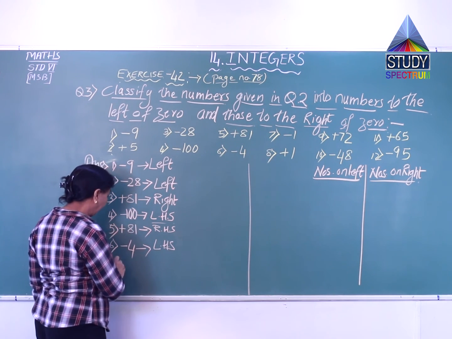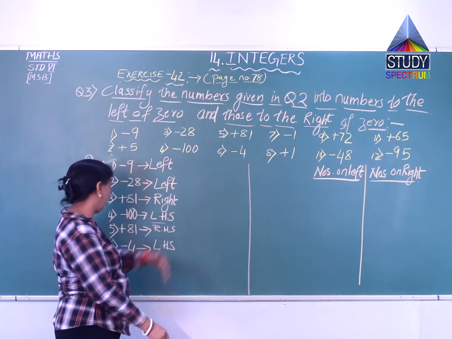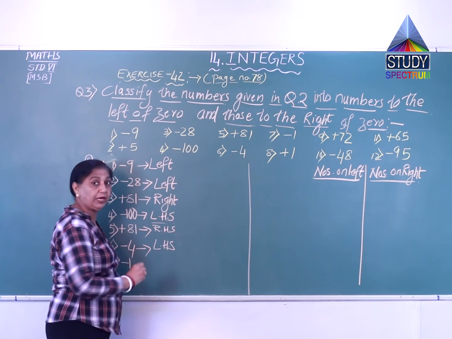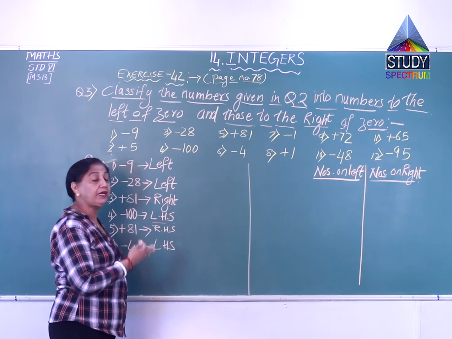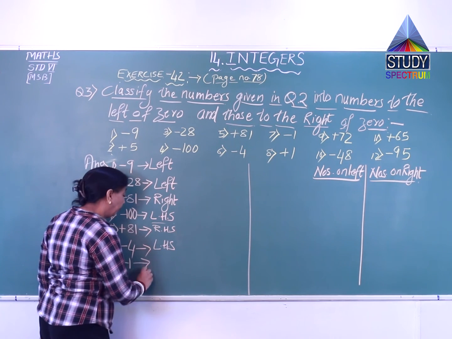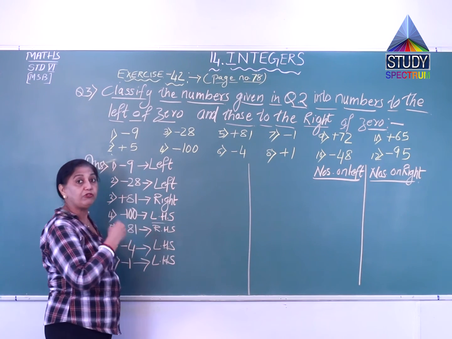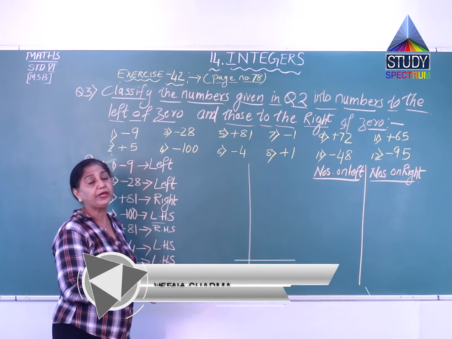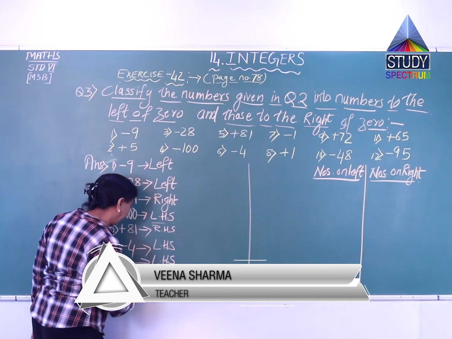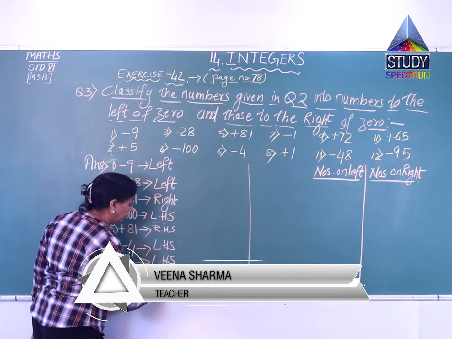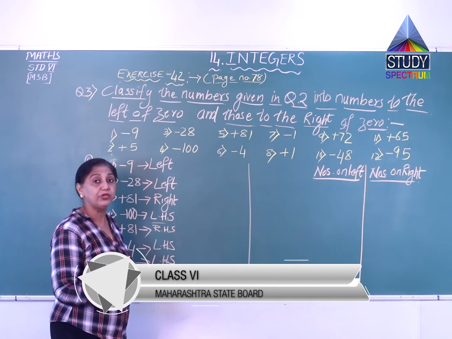Then the seventh one. What is it? Negative 1. Can you tell me where it will go? Certainly negative 1 will always be on the left hand side of 0. Positive 1, just opposite of negative, will be on the right hand side of 0.